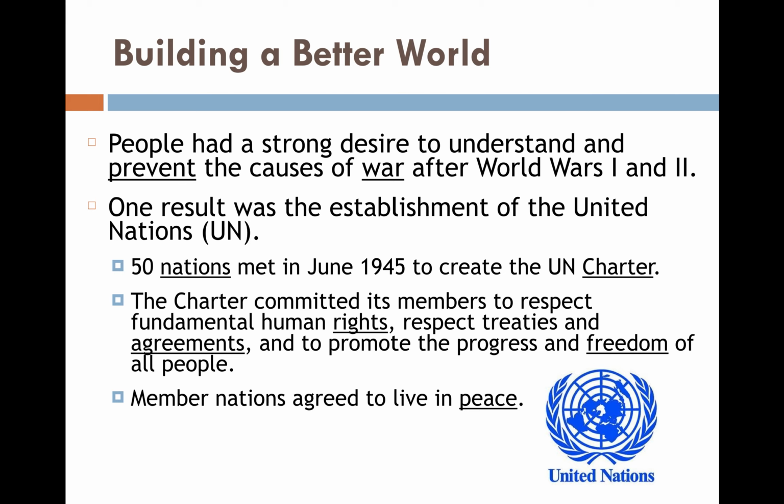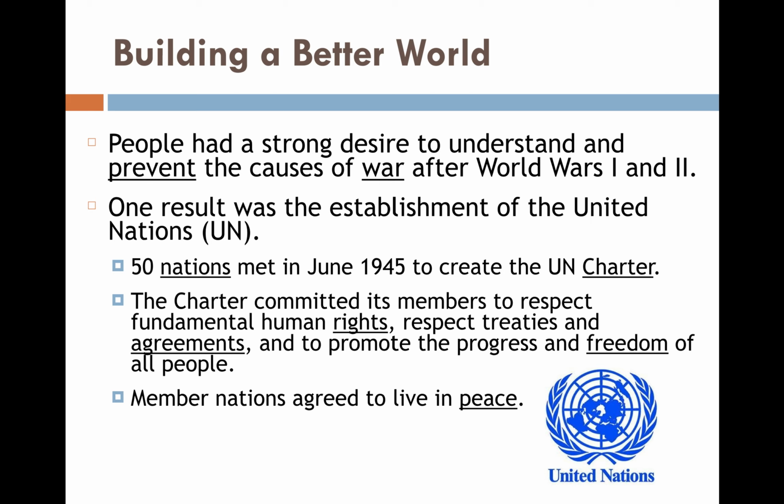So 50 nations meet in June of 1945, even before the war in Japan was over, to create something called the UN Charter. And the Charter says it's committing its members to respect fundamental human rights, respect treaties and agreements, and promote the progress and freedom of all people. So the idea is we're going to try to solve things diplomatically without having to go to war. And member nations agree to live in peace.